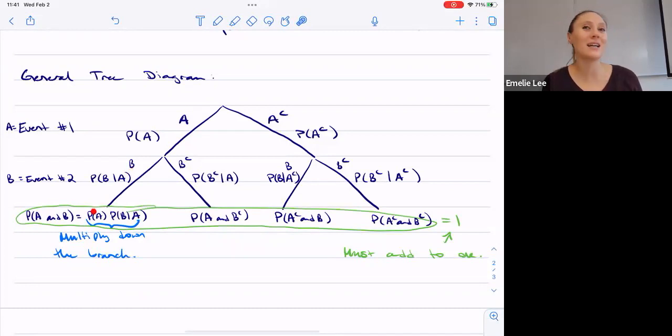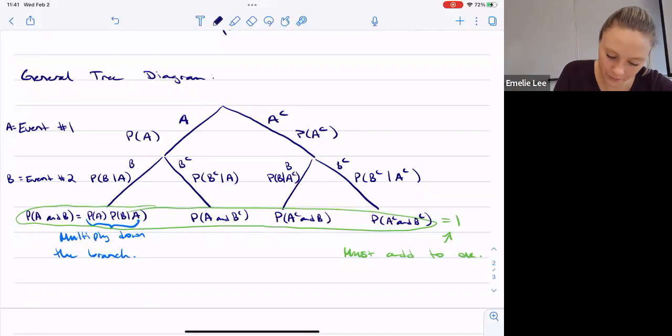And then notice how you end up saying, or it happened when you went down this other branch of B, right? So as soon as you say or, you're going to have to add those probabilities, right? Because it could happen down this first branch, or it could happen down this third branch, right?